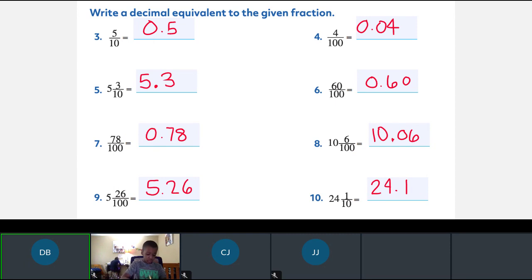So if you didn't get any of these, here is numbers 3 through 10. Charleston, make sure you got those on your paper. I'm going to go ahead and put the Padlet link in the chat box. Jamal, you can go ahead and click on that.